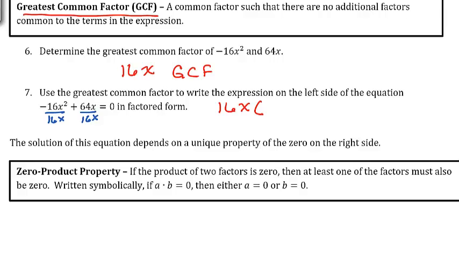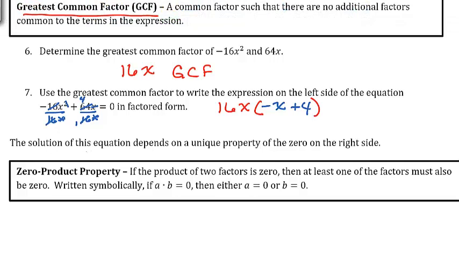Negative 16x squared divided by 16x: the 16s will cancel, this x cancels with one of those x's, and so we're left with negative x. And here, 16 goes into itself once and into 64 4 times. Remember, we just did that on our calculator. And now these x's cancel, so all I'm left with is plus 4.